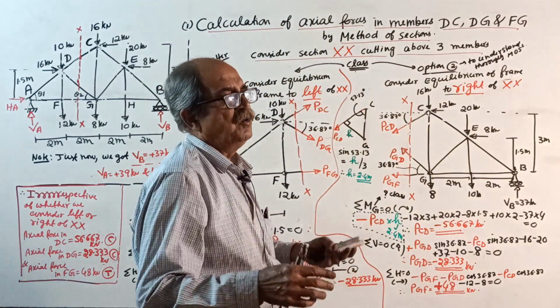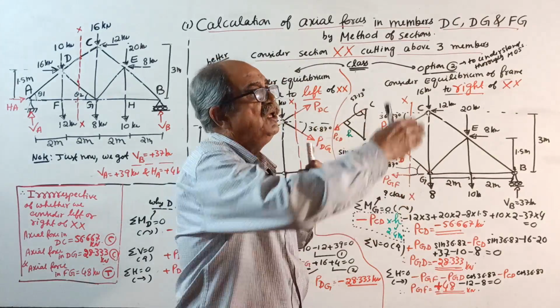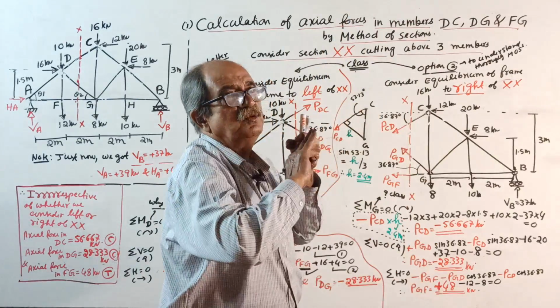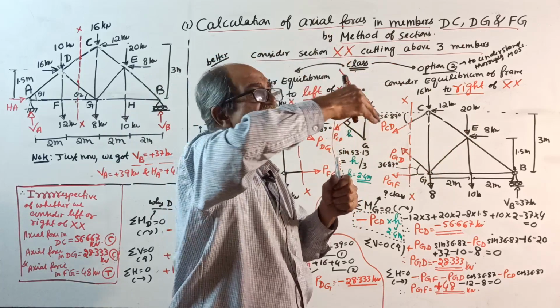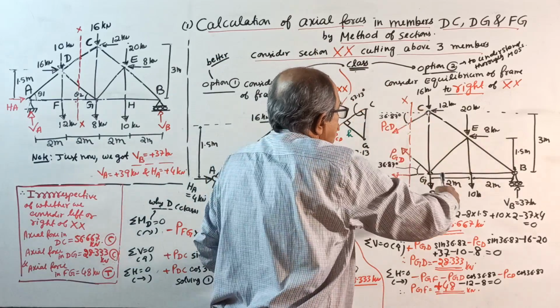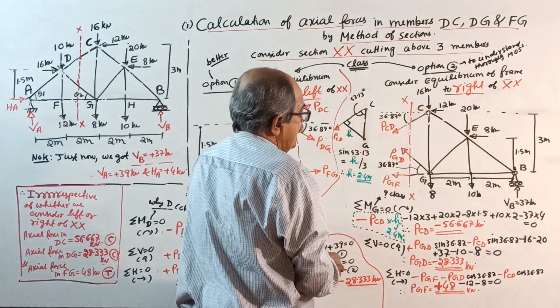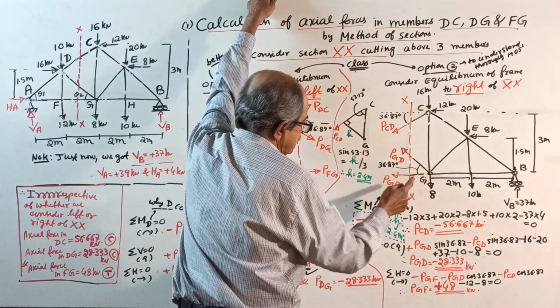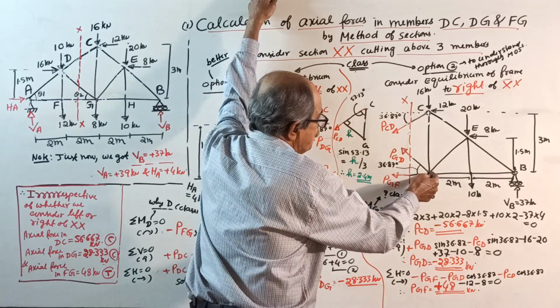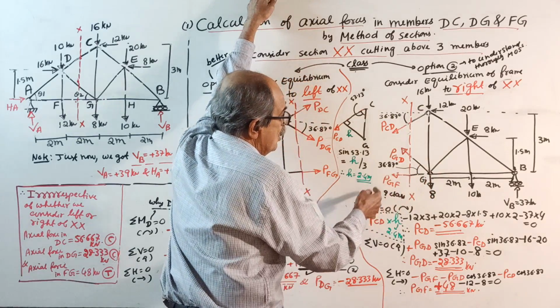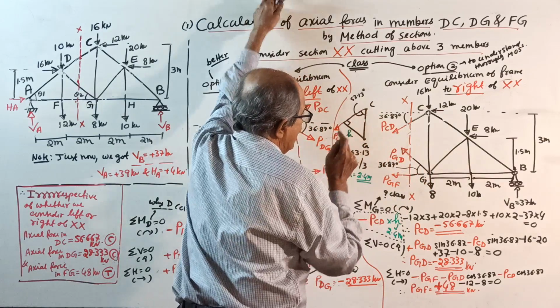How many thousands of times I told, vertical force means horizontal distance, horizontal force means vertical distance, inclined force means perpendicular distance. So if you take moment about G, you require the perpendicular distance from G to the line of action of CD.